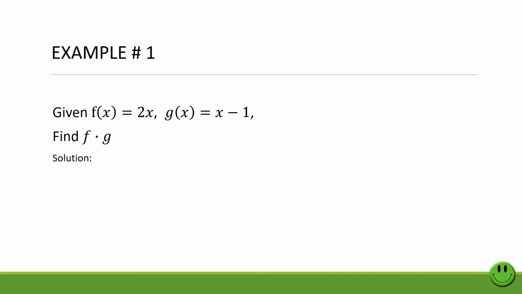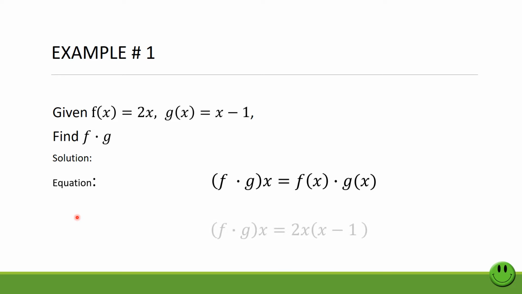Let us have example number 1. Given f(x) equals 2x and g(x) equals x minus 1. Find f times g. So for the solution, let's follow the steps. First, let's write the equation (f times g)(x) equals f(x) times g(x). Then, substitute the values of the functions to the equation.